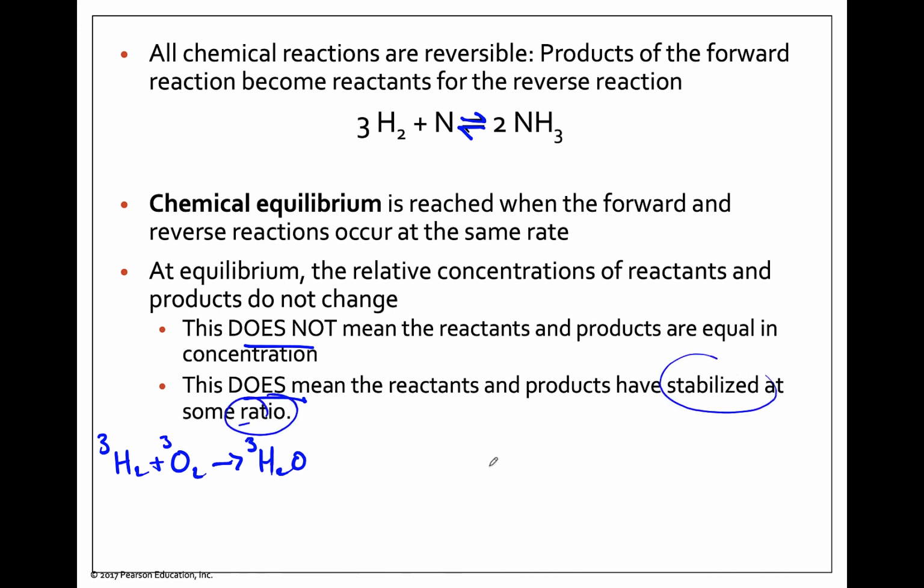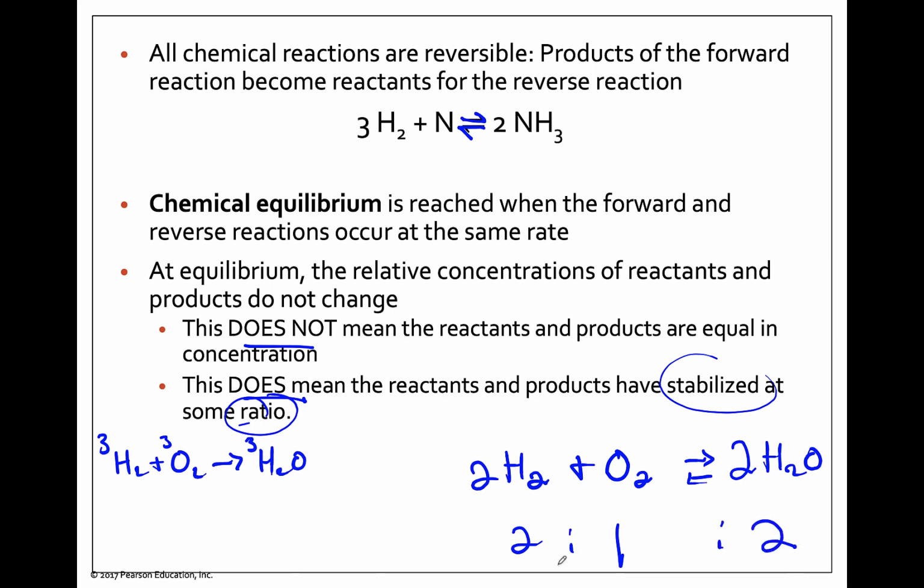So what we saw in the previous situation is we had 2H2 plus O2 results in 2H2O, and it's going to stabilize in this ratio of 2 to 1 to 2. So this is a chemical reaction that's at equilibrium, where the forward reaction and the backward reaction can occur at the same rate.